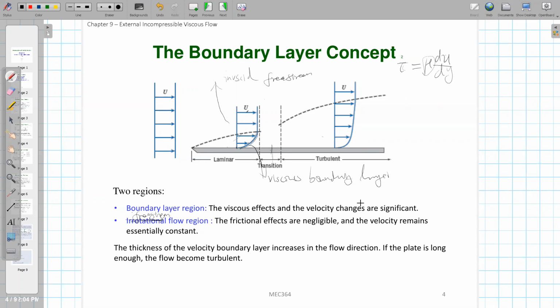So we also need to distinguish which region we want to study, the laminar boundary layer or the turbulent boundary layer. It's different because the velocity profile inside is also different.